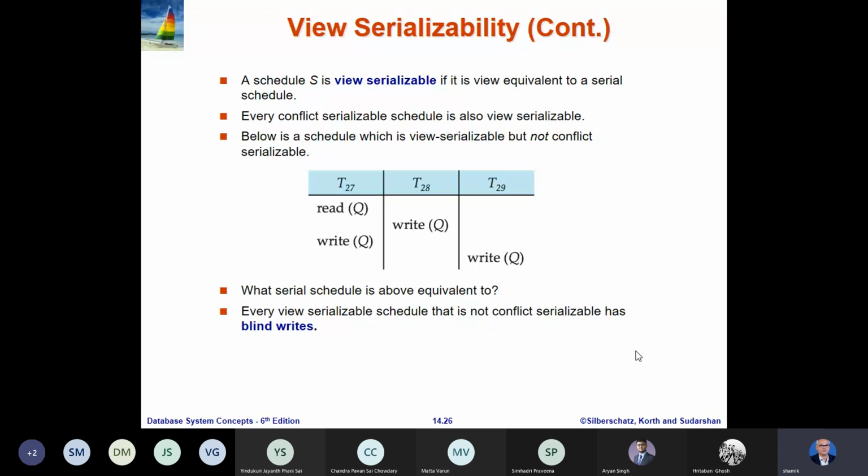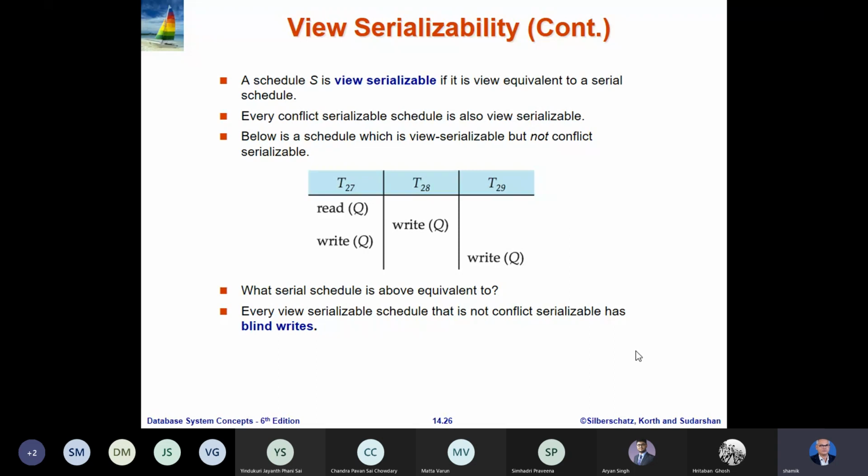So this is the symptom of schedules with transactions that do blind writes and are not conflict serializable. They are typically the cases likely to be view serializable, because if T29 or T28 did some read Q, then you had a problem.